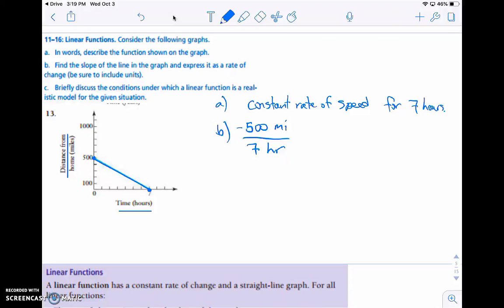And that's going to be our slope, negative 500 over 7. Or you can reduce that fraction down. Well, not reduce the fraction, but we can just get an approximation here, negative 71.4 miles per hour. All the negative means is that we're going towards our home. It helps us with our direction.